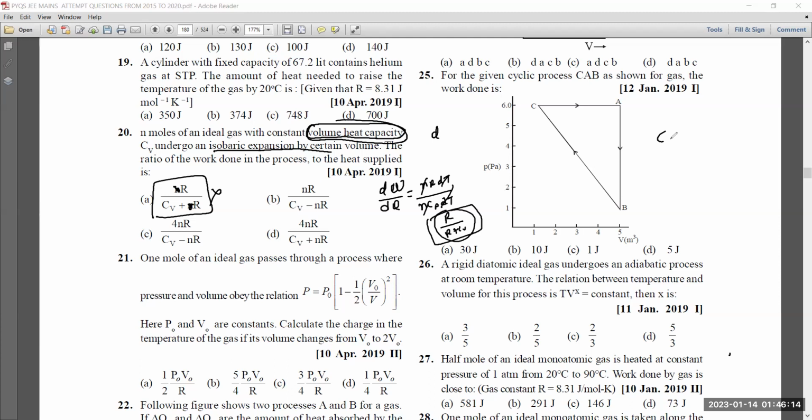The volume heat capacity means what? It is not molar. So C is defined as dQ by n dT, right? So the NC will be dQ by dT, isn't it? So they might have given this as C. They can define anything as a volume heat capacity. What is this volume heat capacity?